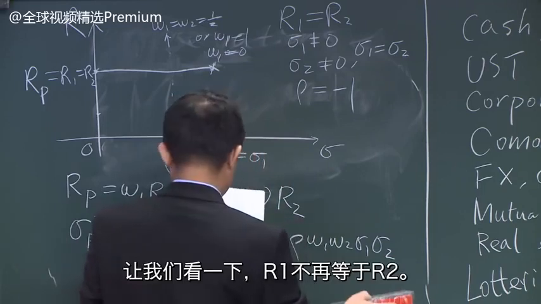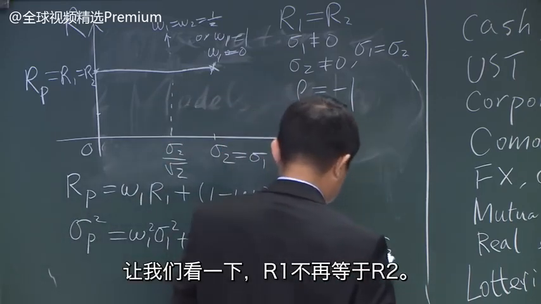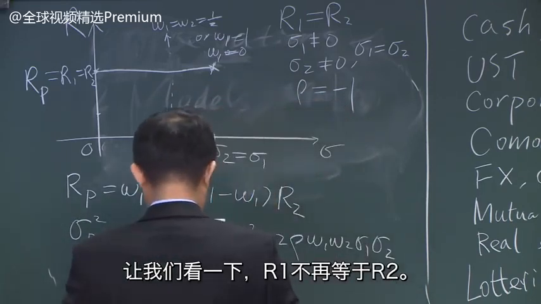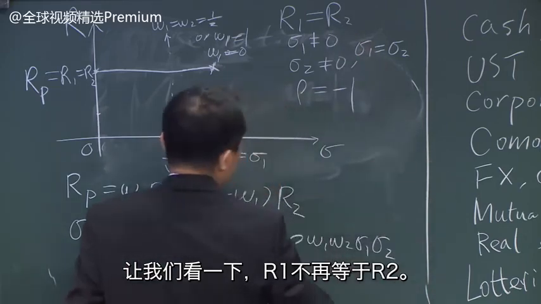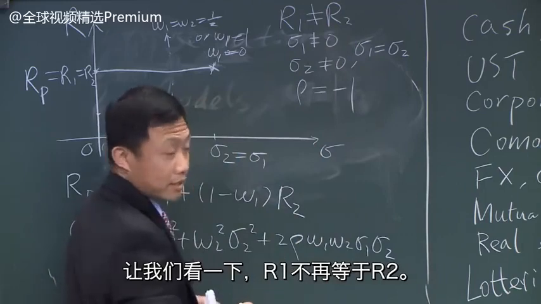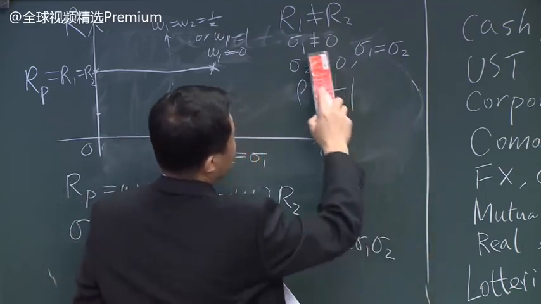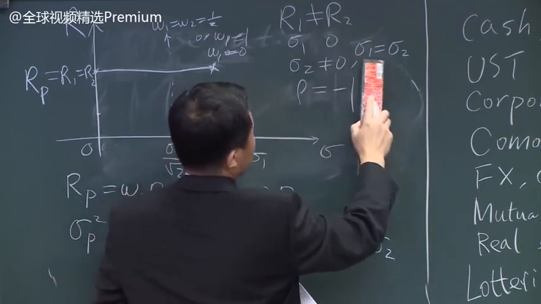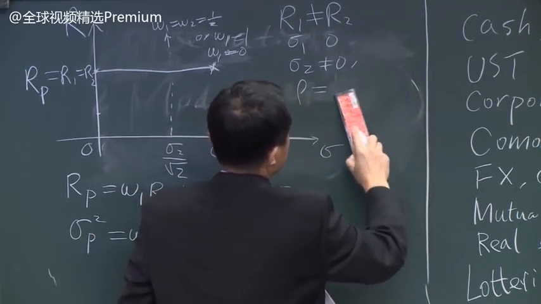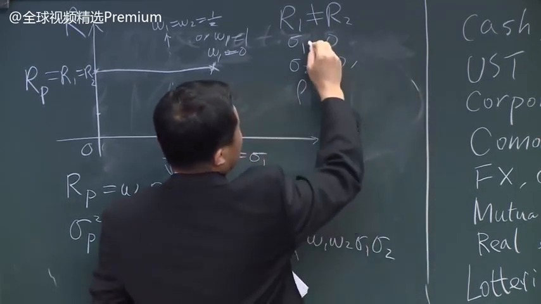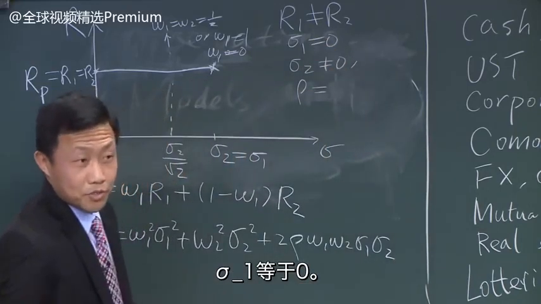So now let's look at, R1 does not equal R2 anymore. Sigma 1 equal to 0.